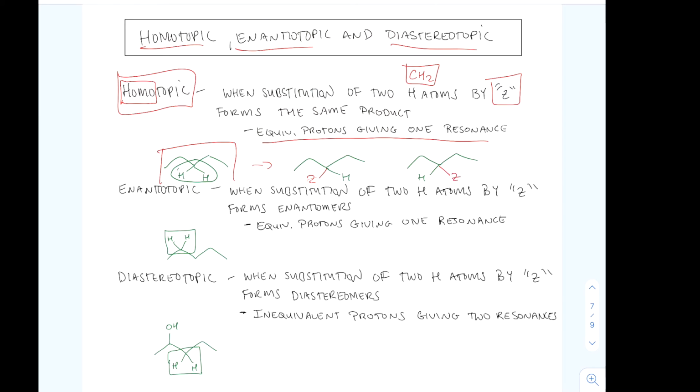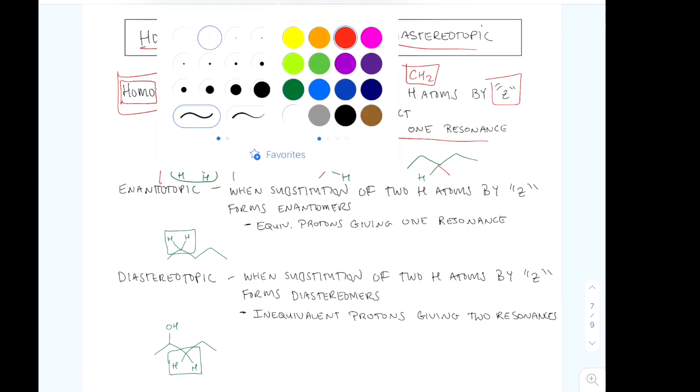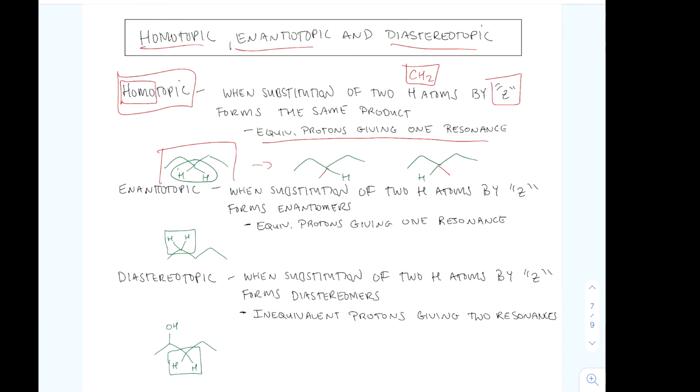If you wanted, you could swap this out for, let's see if this green works well, hopefully that green is okay for you guys, chlorine. I like to use green for chlorine because that's the color. It's kind of yellow-green.